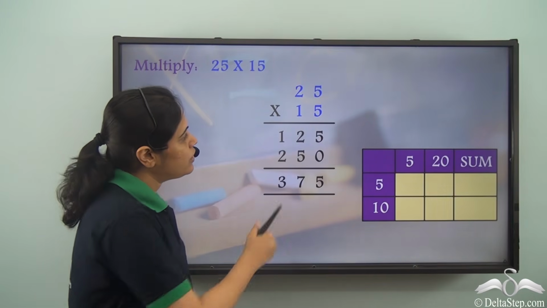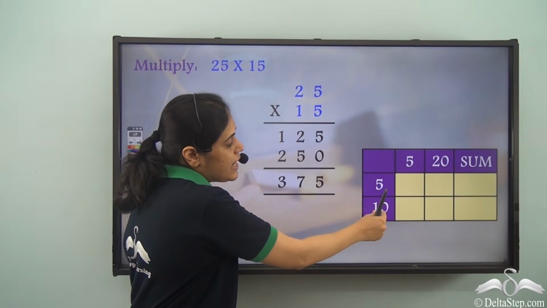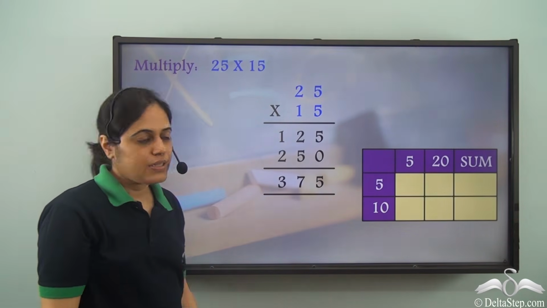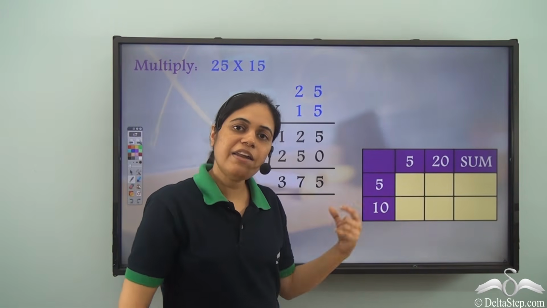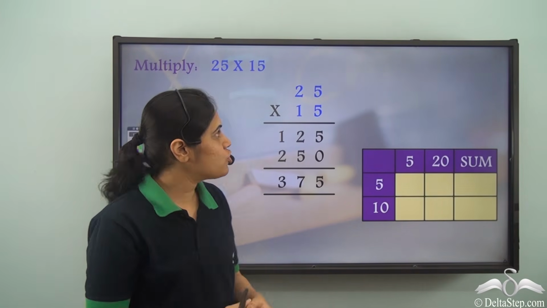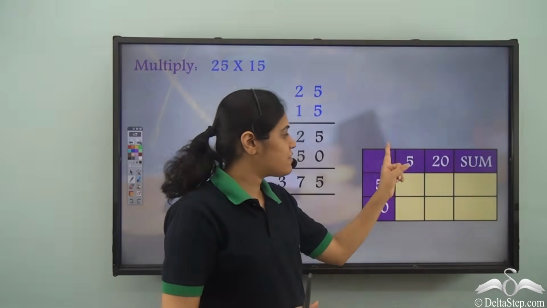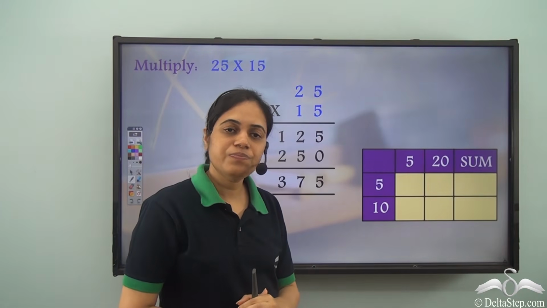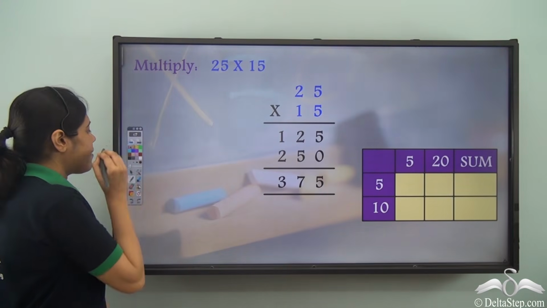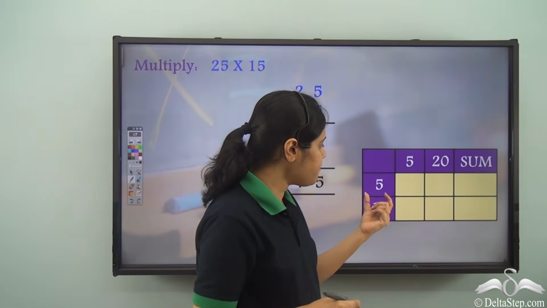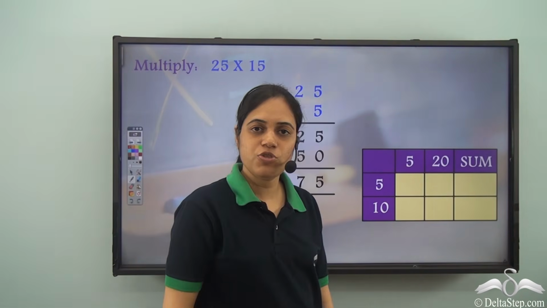Now I know that 15 is 10 plus 5, that is 5 ones and 1 tens. I also know that 25 is 20 plus 5, that is 5 ones and 2 tens. So now let us see what happens if I multiply these individually.